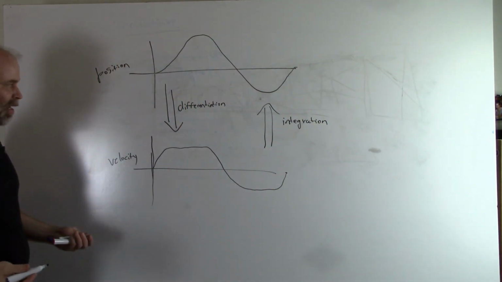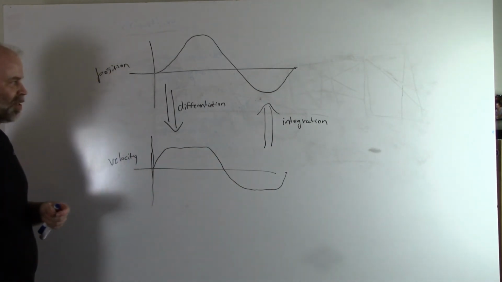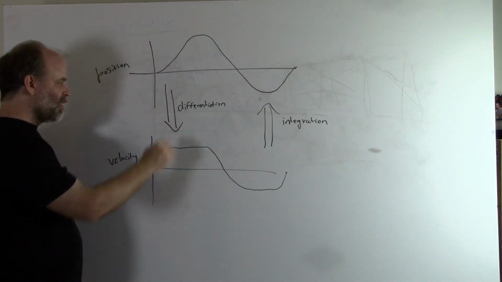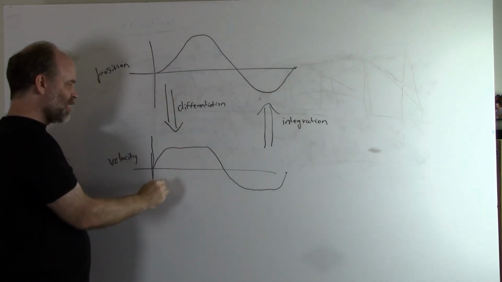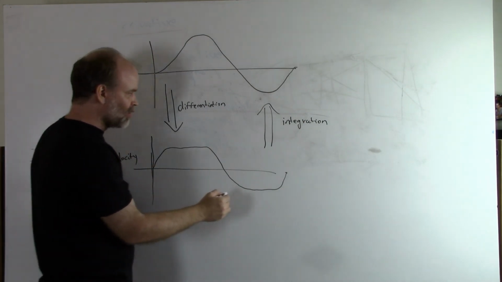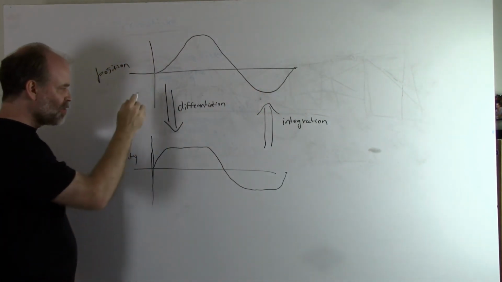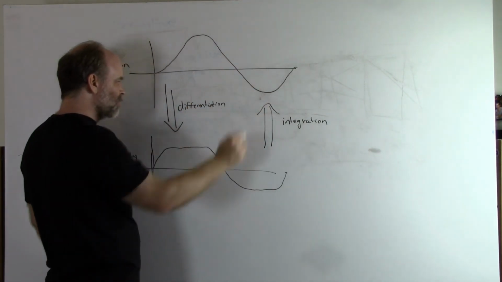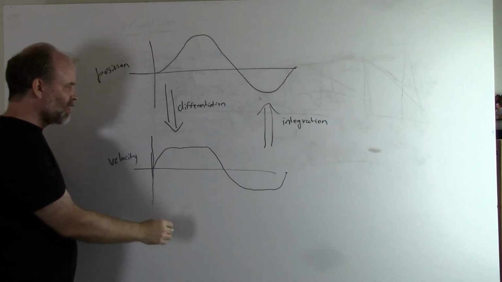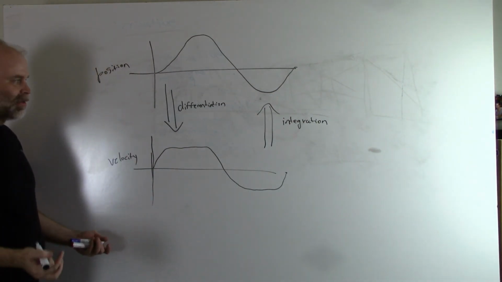Now, naturally, what becomes interesting about this picture is to think about, okay, what if I start with a position curve and then I first differentiate it to get velocity. But then once I've gotten the velocity, I turn around and integrate it again to get position. So sort of making this round trip through this process. Take a position curve, differentiate it, and then immediately integrate it. What is the result of doing that?